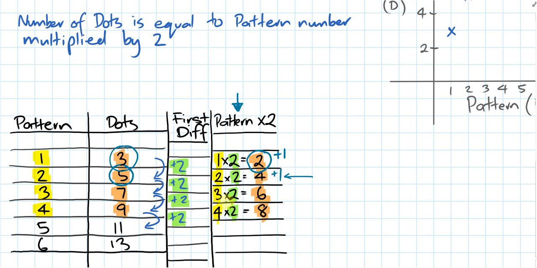So each time I multiply the pattern number by the first difference, I get a number which is 1 less than what I'm really after, so I need to add 1 each time. The rest of our rule states that we need to add 1. So this rule will give us the number of dots for whatever pattern number.